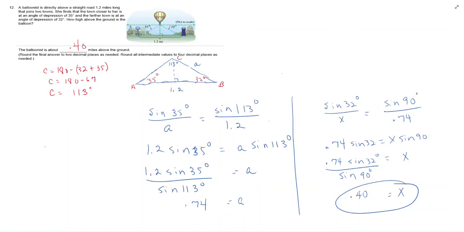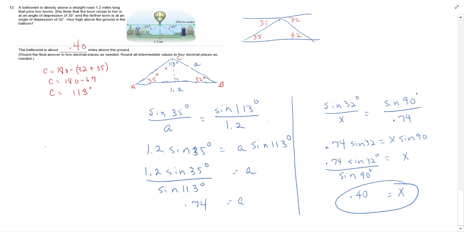So I redrew this to match the picture. It worked the other way, but it might be a little bit confusing. When you have parallel lines, which is essentially what we're seeing in the picture, if we know this angle is 35, alternate interior tells us that one's 35, and if this one's 32, then this one's 32. That's how we know that we can draw the triangle like that.